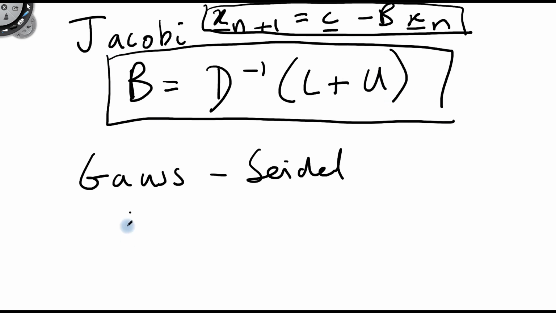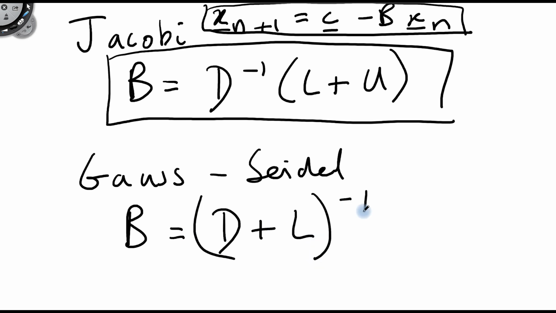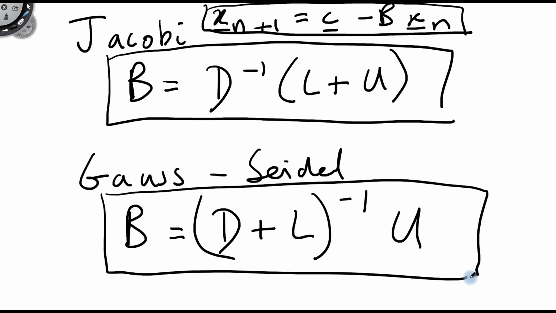Whereas for Gauss-Seidel it is d plus L inverse times u. Okay. So they all involve d and L and u, and these are the matrices here.